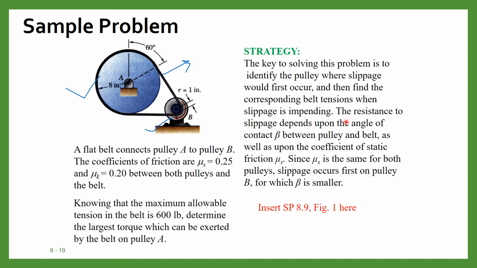The resistance to slippage depends upon the angle of contact beta as well as upon the coefficient of static friction. Now this mu is the same for both pulleys. Slippage occurs first on pulley B, for which beta is smaller. So the chances of slippage will be more on the smaller pulley. Now let us solve this problem.